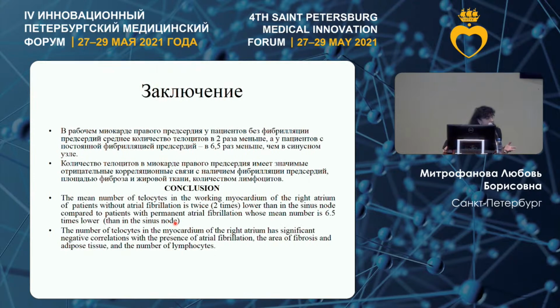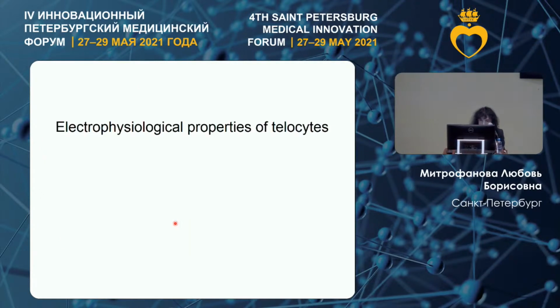In the heart, the telocytes are welcome. They are good for the heart. In the right atrium myocardium, the average number of telocytes is twice as small in case of AF. Permanent AF is 6 times lower than in the sinus nodes, but these telocytes are of the same immune phenotype.